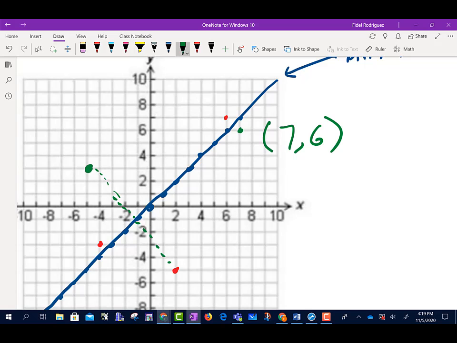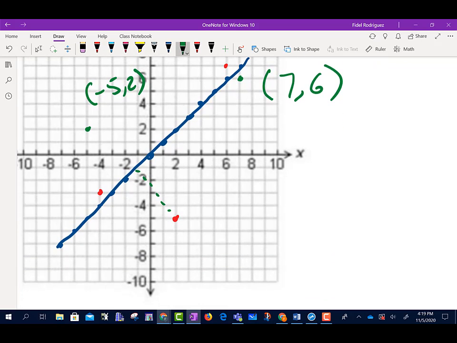Okay, so there's that point, and the coordinates of this point are now negative 5 and 2.